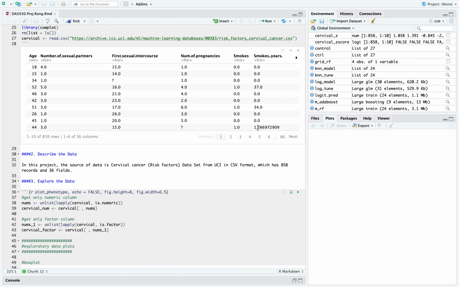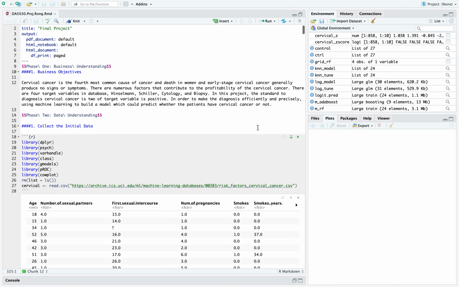In terms of my business problem, cervical cancer is the fourth most common cause of death in women, and early-stage cervical cancer generally produces no signs or symptoms. There are numerous factors that contribute to the probability of cervical cancer.